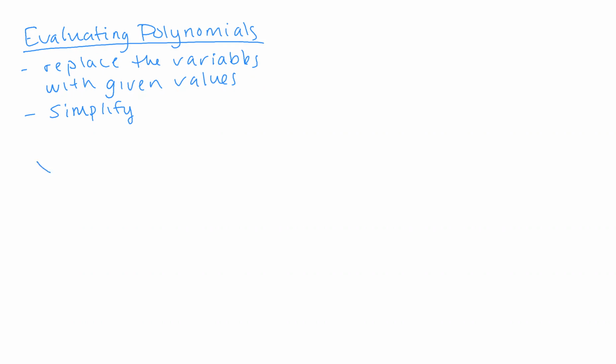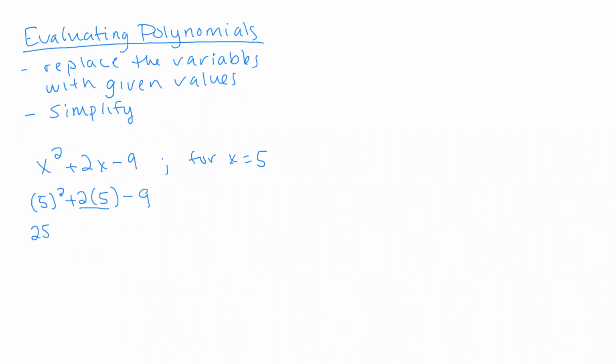So let's say that we had x squared plus 2x minus 9, and we're going to evaluate it for x is 5. Well, anywhere you see an x, you want to use parentheses and replace the x with a 5. So we get 5 squared plus 2 times 5 minus 9. I want to take care of my exponent first, so 5 squared is 25.